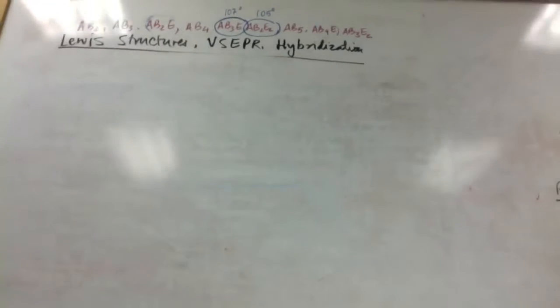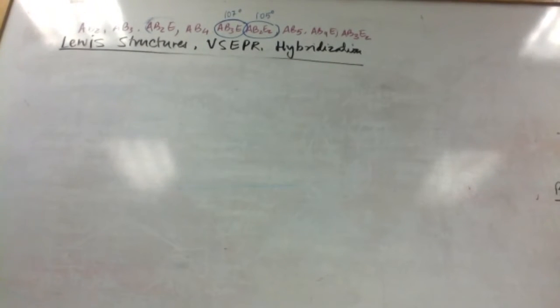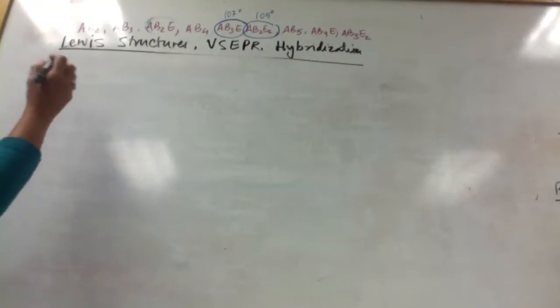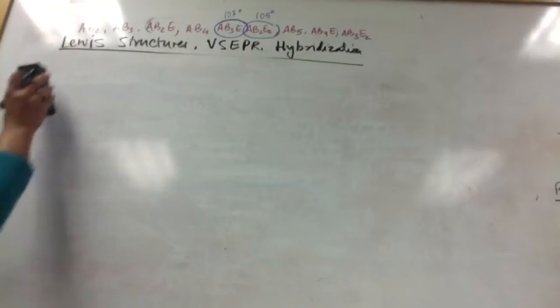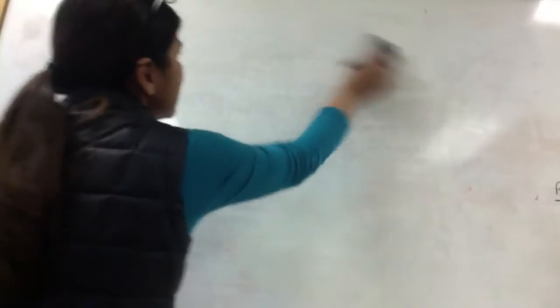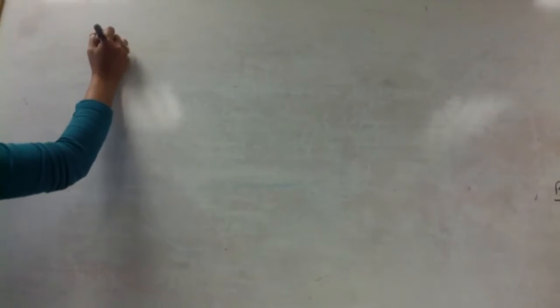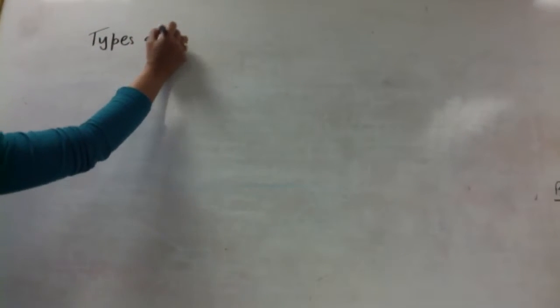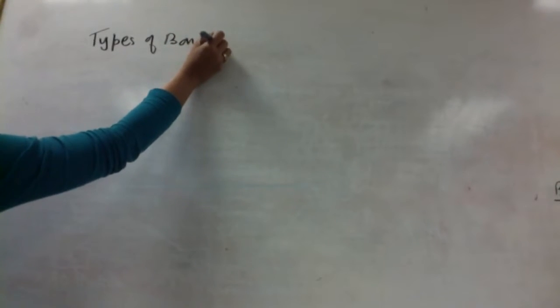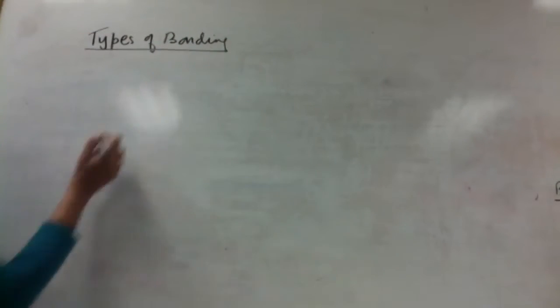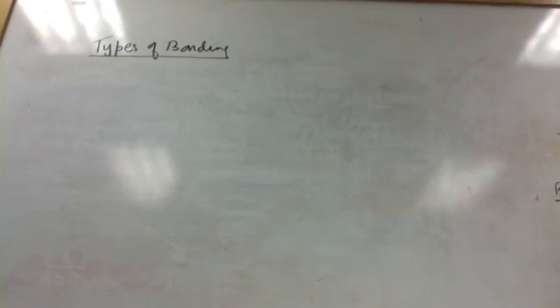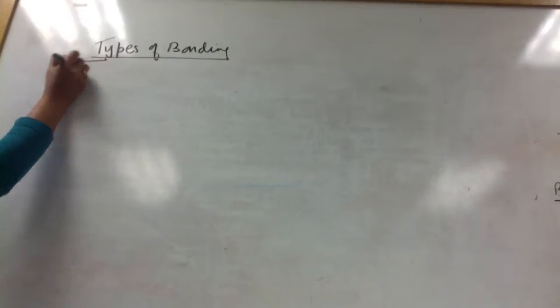So now let's go over the types of bonds. And I'm going to address in this big giant table all inter and intramolecular bonds, because sometimes they are not different.